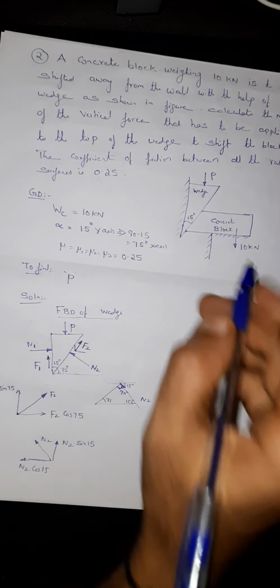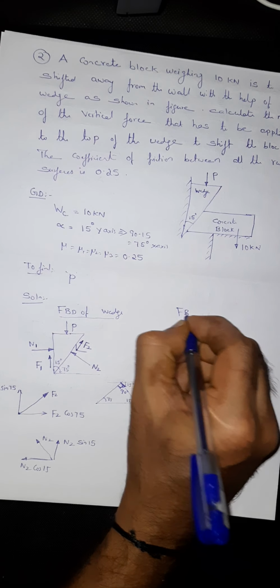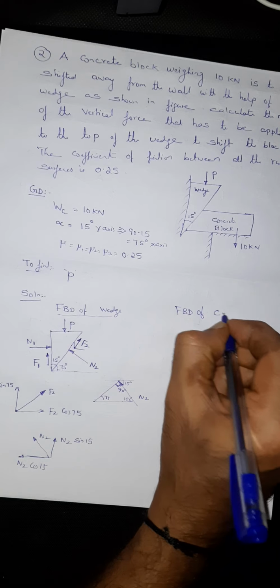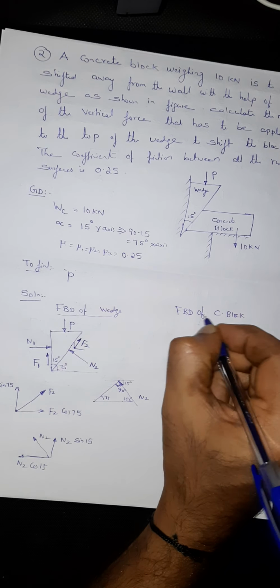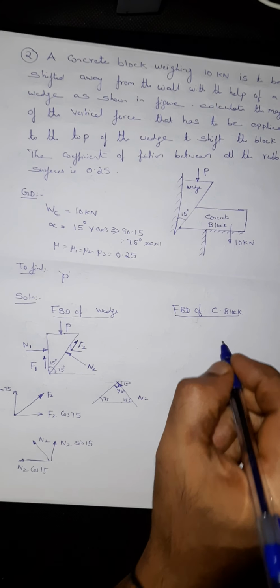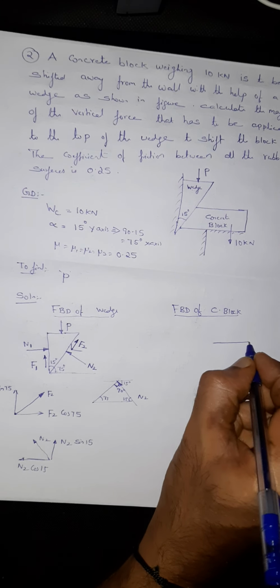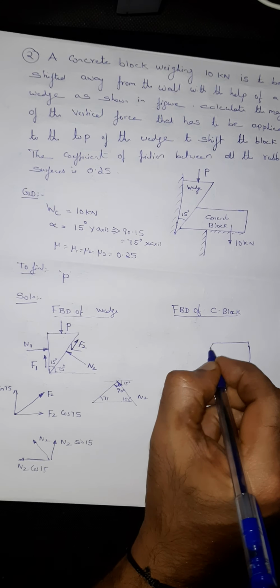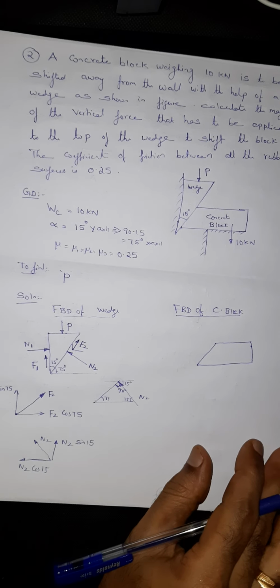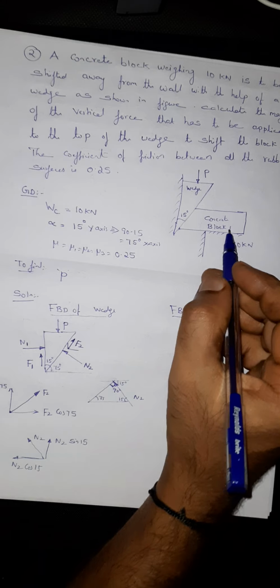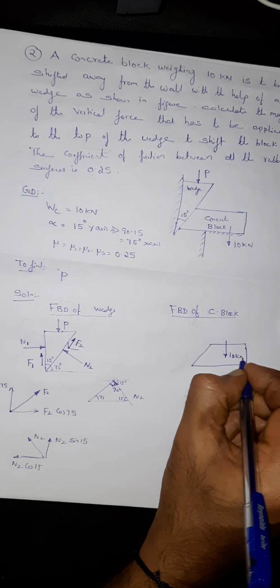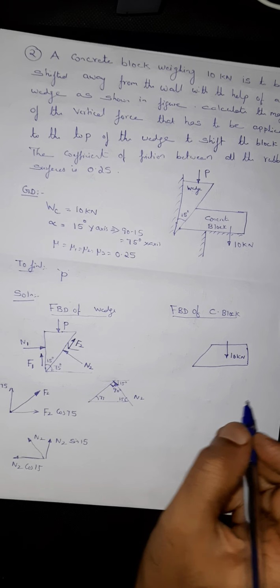Understand? So now I am going to draw the FBD of the concrete block. First draw the shape of that block. And its own weight is 10 kilonewton, which will act vertically downwards.